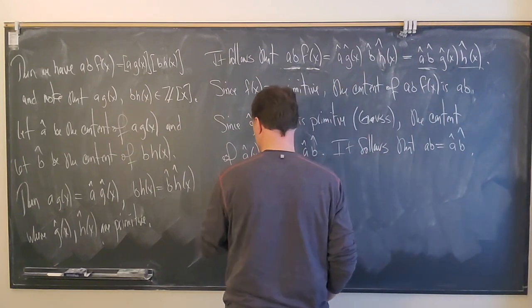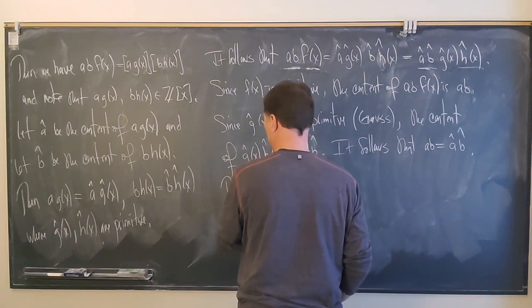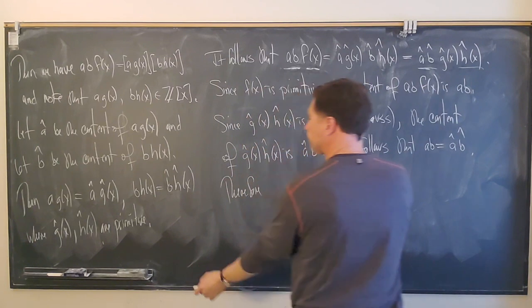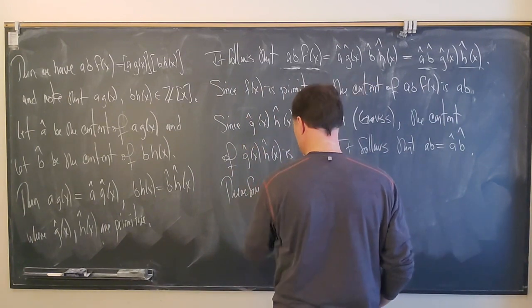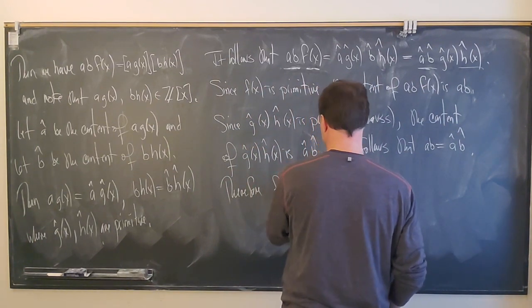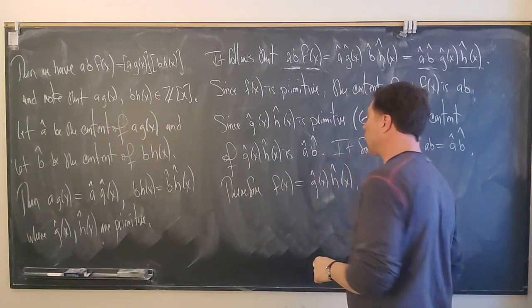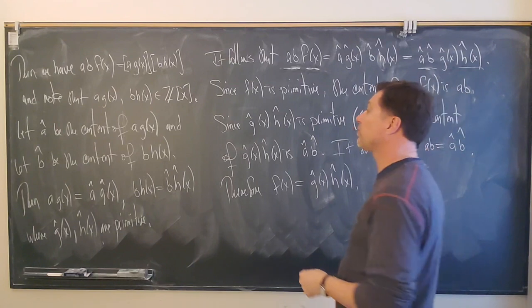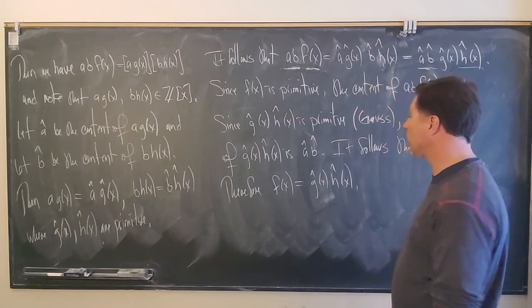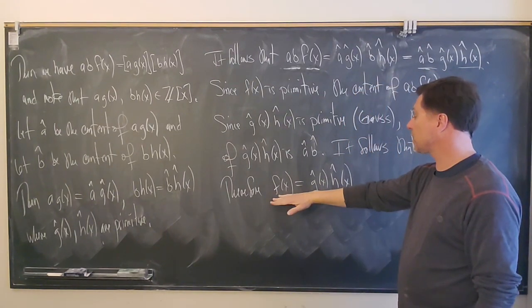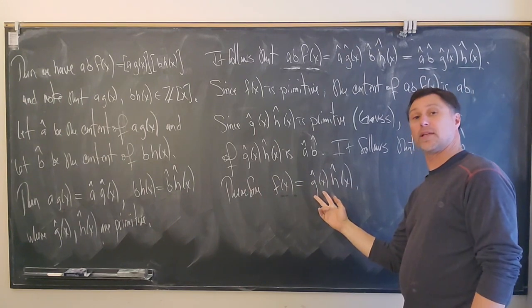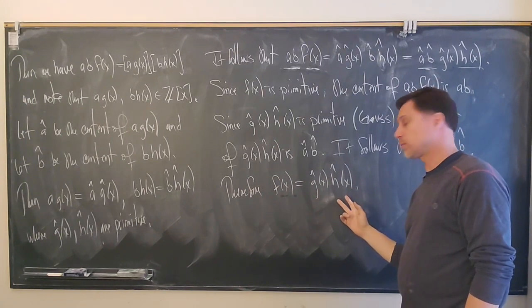So therefore, f of x is equal to g hat of x times h hat of x. That's exactly what we needed, right? We started off with a factorization over Q, and what do we end up with? We ended up with f of x equal to a polynomial in Z[x] times a polynomial in Z[x].